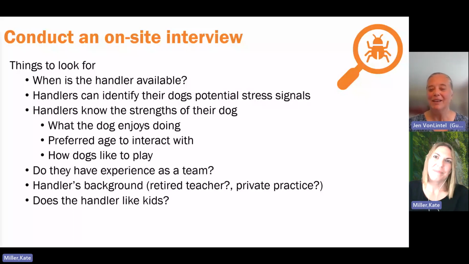Had one team come in and we're having this discussion, and I'm like, well, what's your favorite age group to work with? And they just looked at me and they said, well, I don't like kids. I just want my dog to be able to do some therapy work. And I said, okay, well, it was really nice meeting you, but I don't think this is going to be a good match. So we're looking at both the handler and the dog to see if that team together is a great match for the particular setting that you're in.